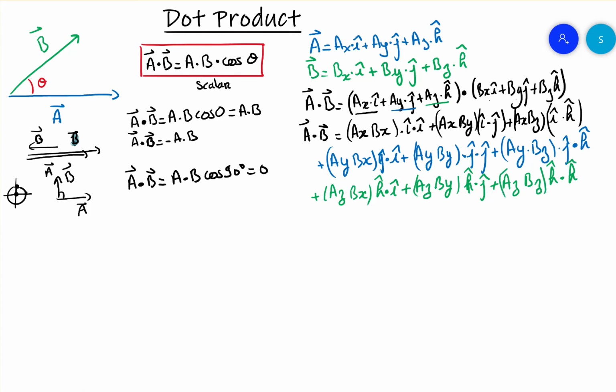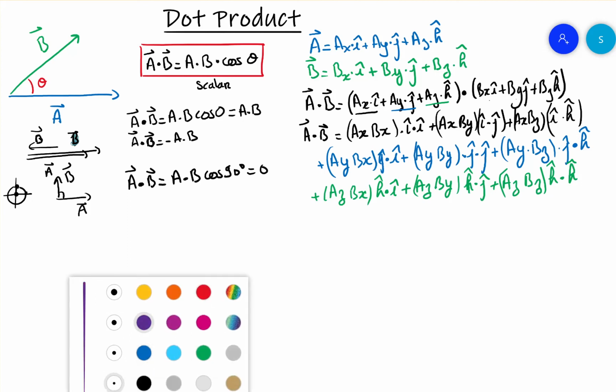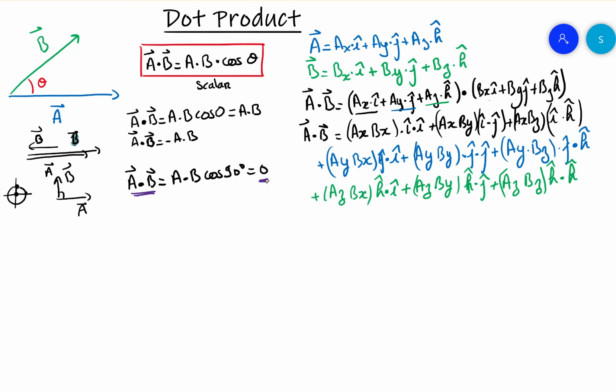What we said just before is that when two vectors are perpendicular to each other, the dot product is 0. Because i, j, and k are all perpendicular to each other by definition, as the unit vectors of x, y, and z, we have i dot j equal to 0, i dot k equal to 0, j dot i equal to 0, j dot k equal to 0, k dot i 0, and k dot j 0.